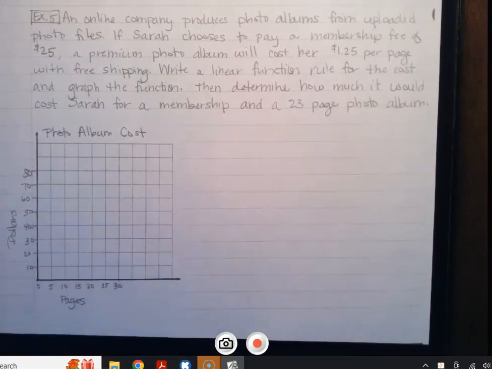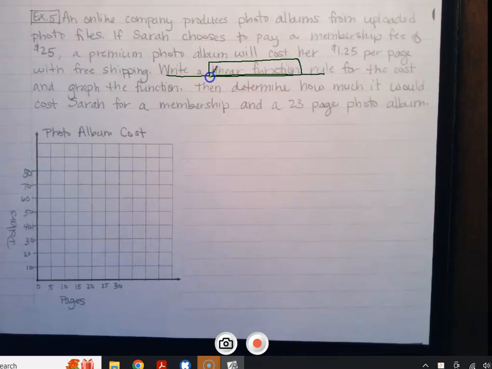So we have to write a linear function rule. So is that like the f of x thing? Yes, f of x would be that. Or in this case, we could say cost per number of pages, but it doesn't matter. Now, it's a linear function.